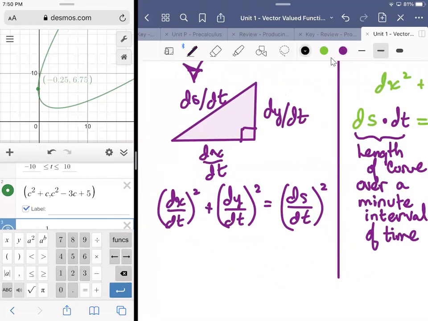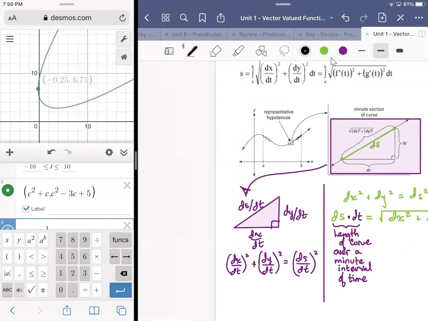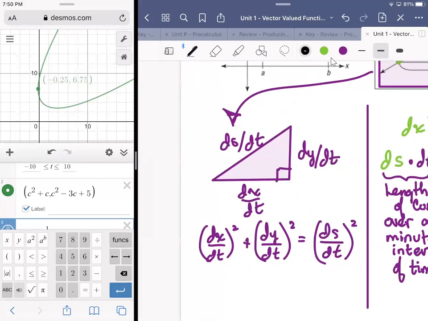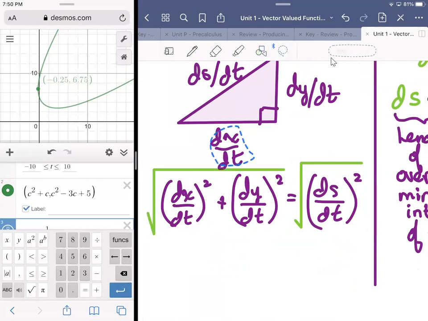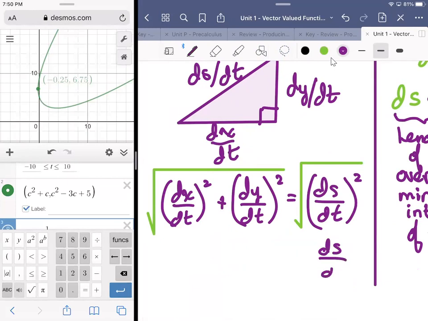So on the right-hand side, I can square it, but I also see that I'm supposed to have a radical in there, so why not take the square root of both sides? At which point, left-hand side stays put, but the right-hand side becomes a ds dt, just a clean ds dt.